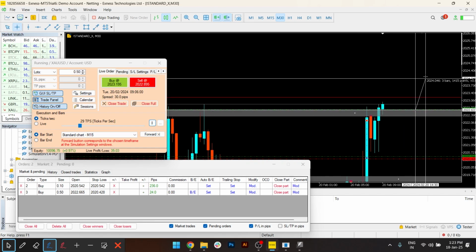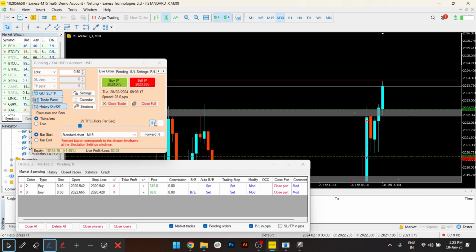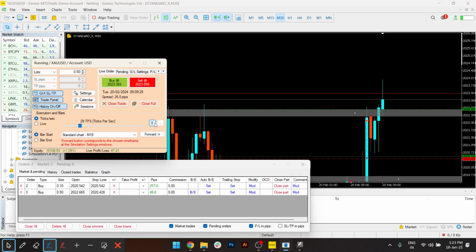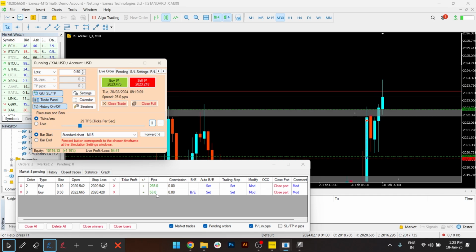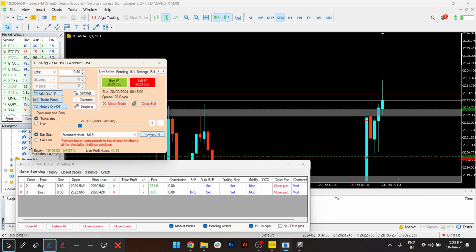This position, if we go up like 20, yeah, look at that, very nice, good trade. We are up 6 pips on that second position and 27, 28 pips on our first position, which was when we took the trade at the bottom.